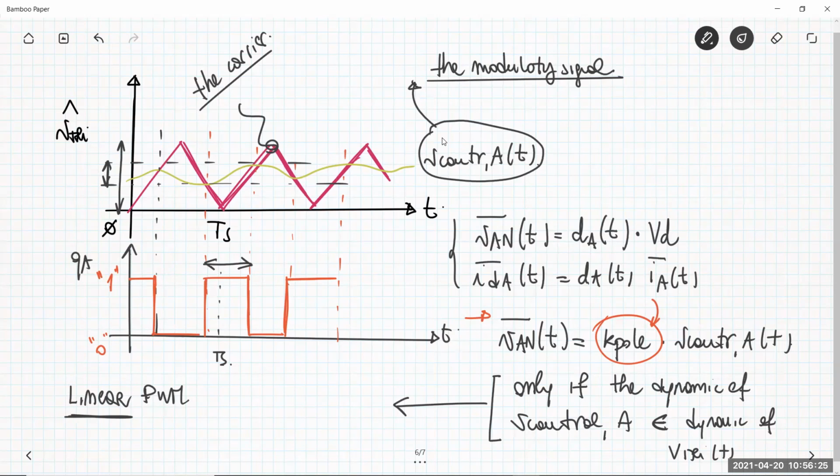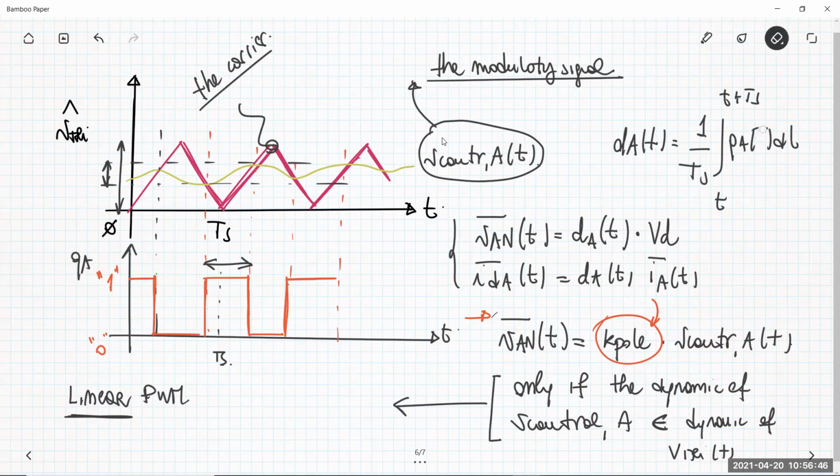Sometimes you can find also this quantity. The average value I'm referring to here is, for example, dA, which is defined in this way. It's called the moving average. Now it requires a tau here.